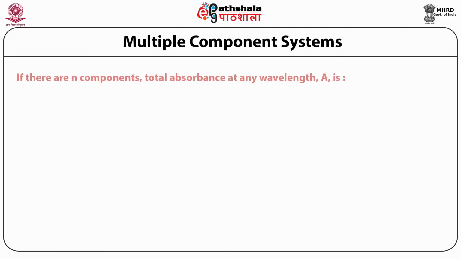In general, we need not take only two components; it can be multi-component, three components, four components. So we represent it here as n components. The total absorbance expression at any wavelength takes the form A lambda equals the summation of A n at lambda, which equals b times the summation of epsilon n at lambda times concentration of n.